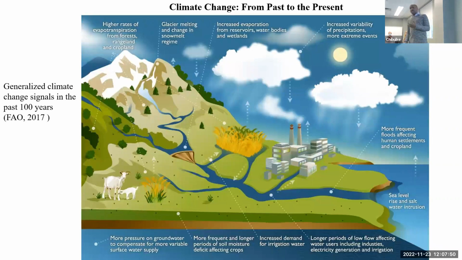Now, what are these impacts of climate change? The impacts, as you know, we have this melting of snow, increased melting. They have droughts in some parts of the world, especially where people rely much on water resources.